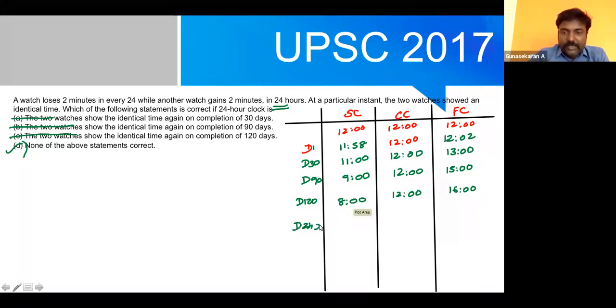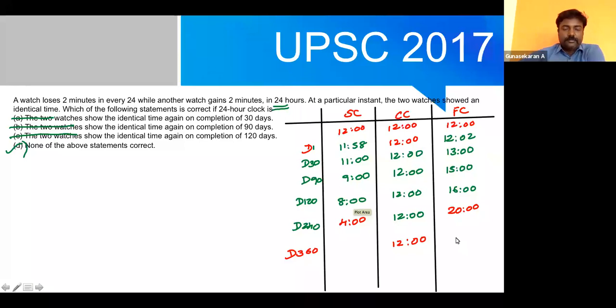D 240. Anyone tell me the answer? On the 240th day, what will be the timings? D 360, what will be the timing? Here, what is the time? Slow clock.